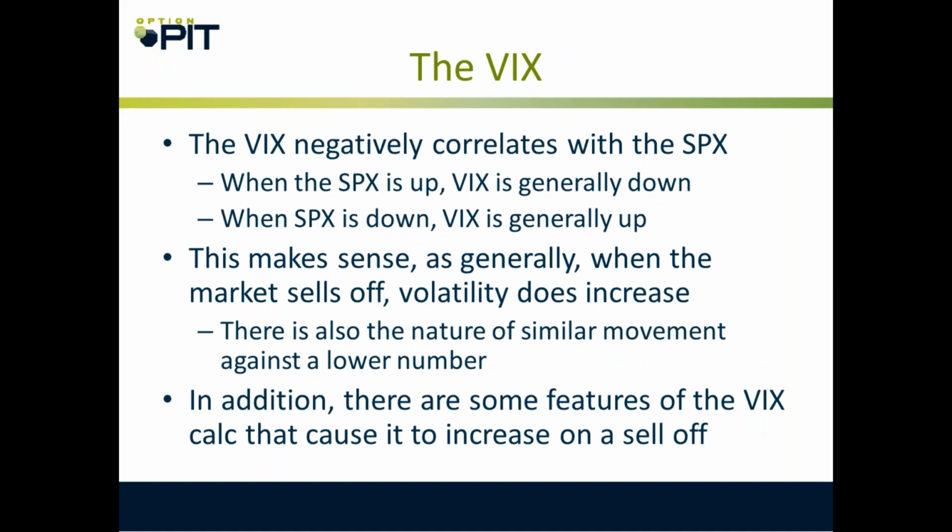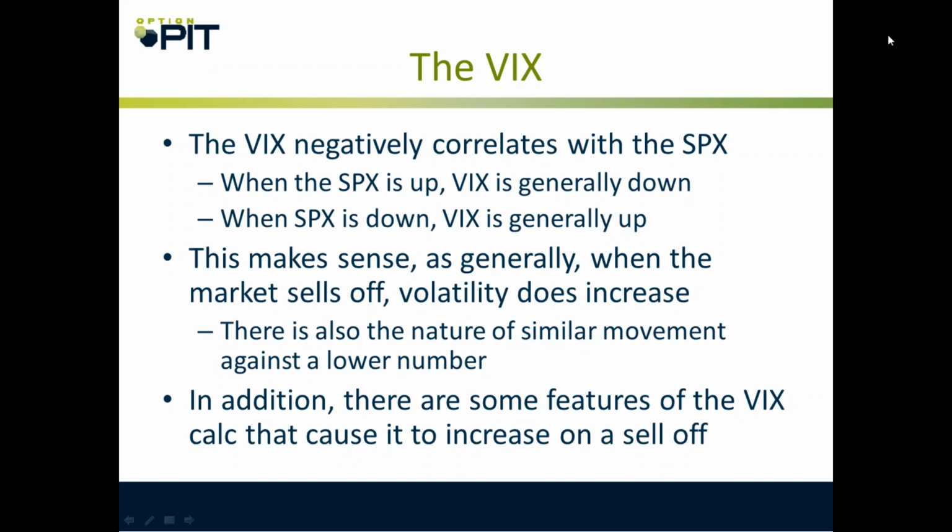So the VIX negatively correlates to the S&P 500. Generally speaking, when the S&P is up, VIX is down. When SPX is down, VIX is up. It makes sense as generally when the market sells off, volatility does increase. There's also the nature of similar movement against a lower number.